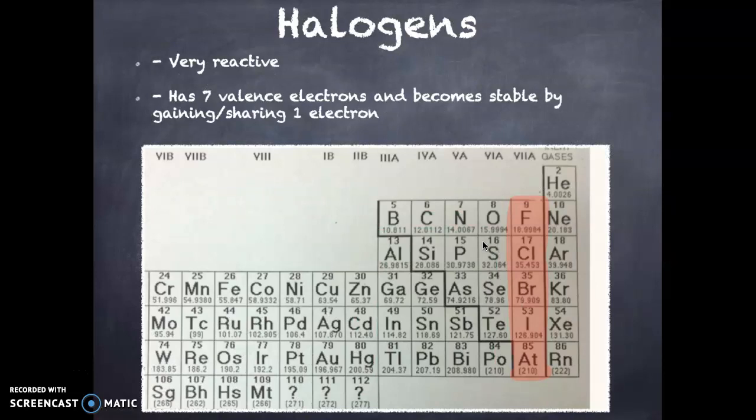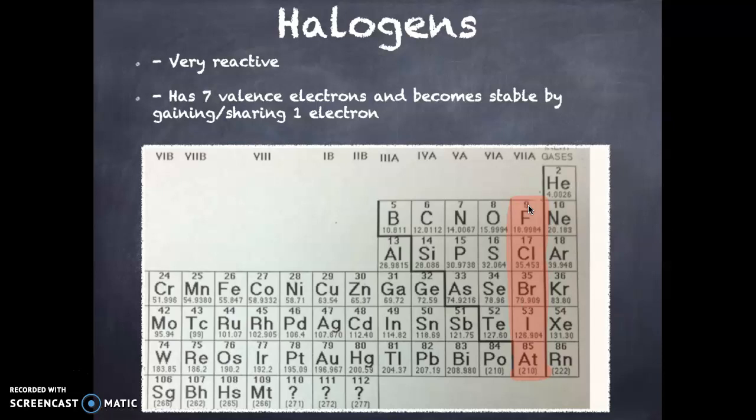Group 17, however, does have a special name. They're called the halogens. Think about halogen lamps or halogen light bulbs. They are very reactive. They are the non-metal version of the alkali metals. So the alkali metals are extremely reactive and the halogens are extremely reactive.